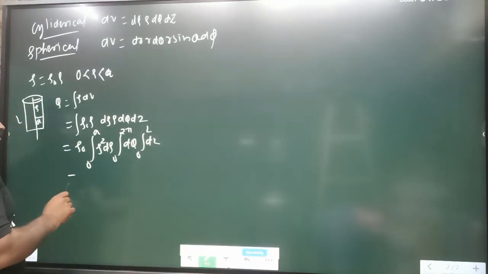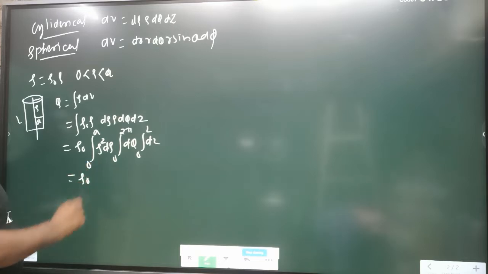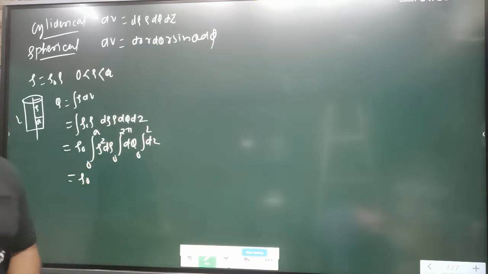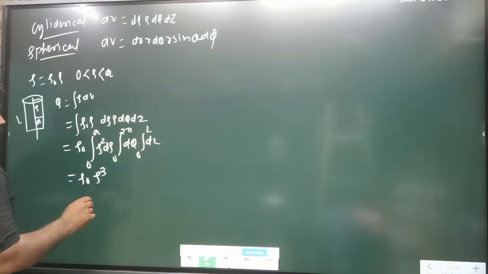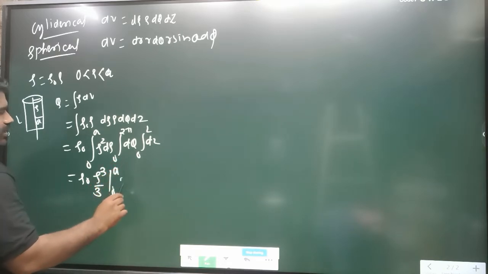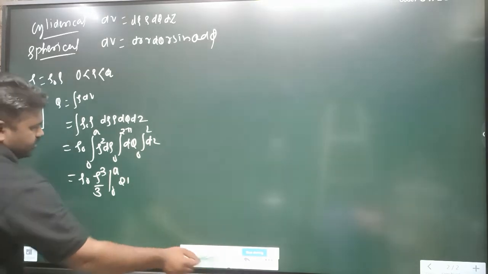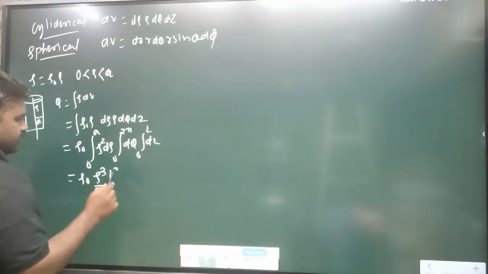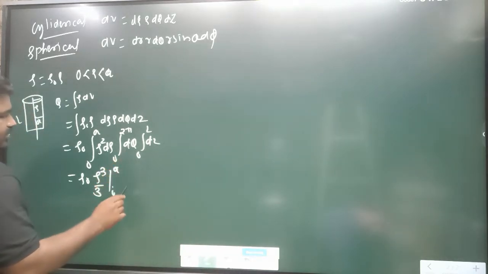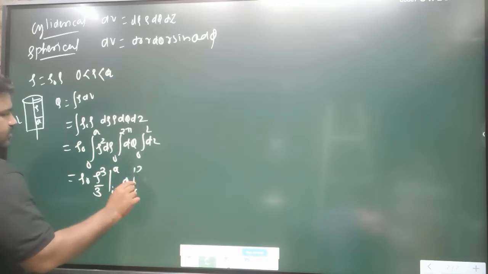And this is equal to how much? Rho naught, rho square integration, rho cube by 3, limit 0 to a. Next, d phi integration gives phi, limit 0 to 2 pi.